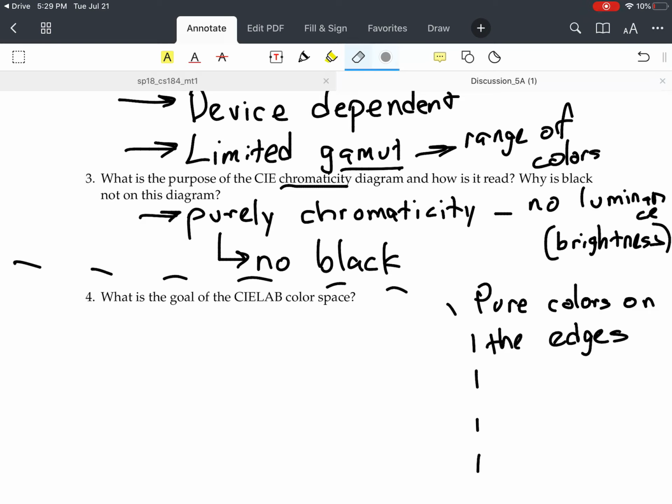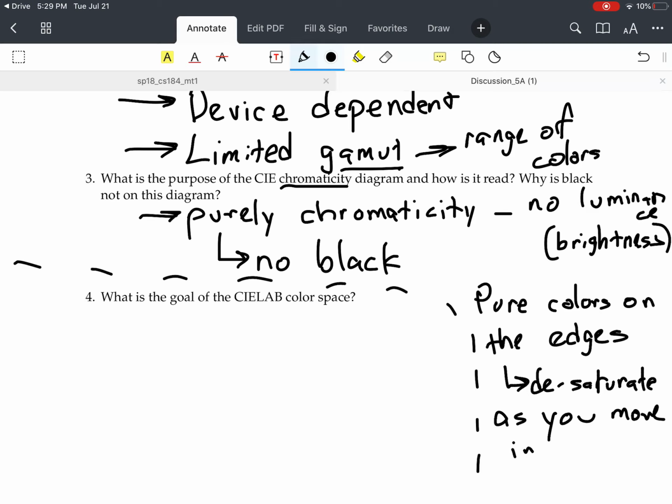So, pure colors on the edges, and desaturated as you move in. Okay, so that is the CIE chromaticity diagram and how it's read.